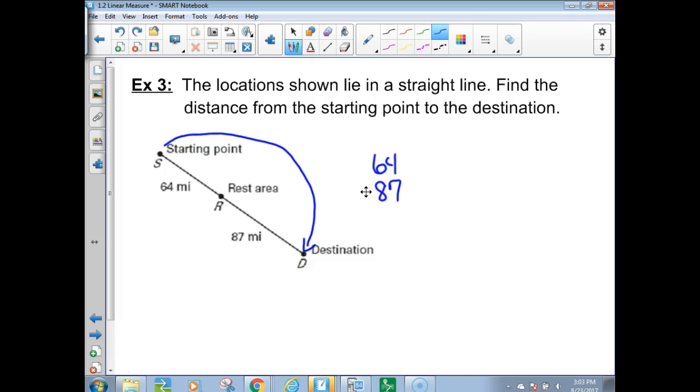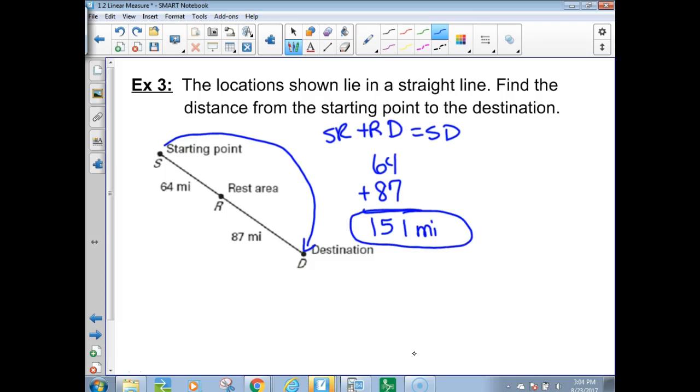We need to put them together, and that's because SR plus RD is equal to SD. So we're going to add those up and we get 151. And then we should label that in. What's MI stand for? Miles. And you can just write MI. So some of the problems are literally that easy.